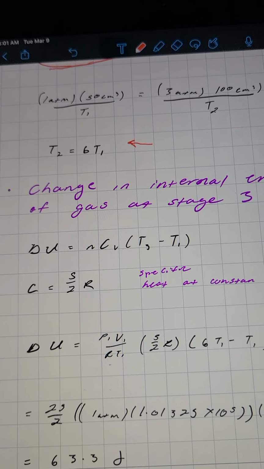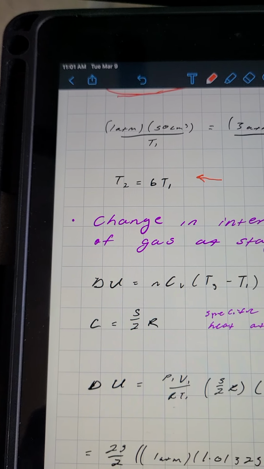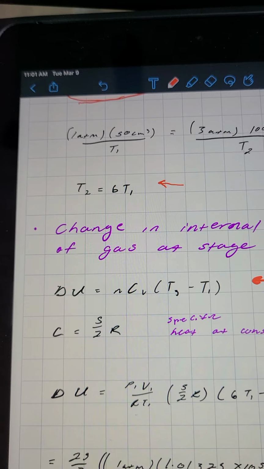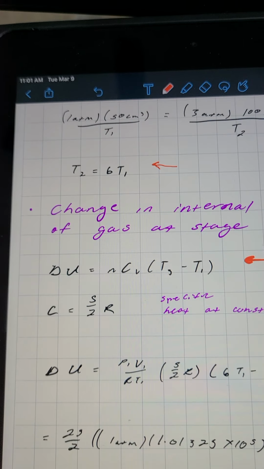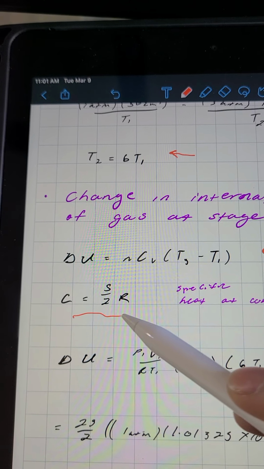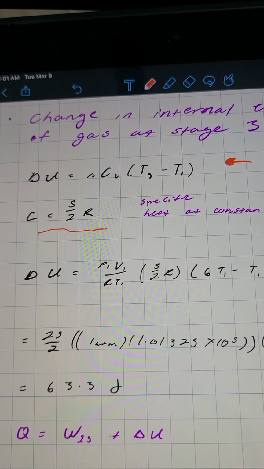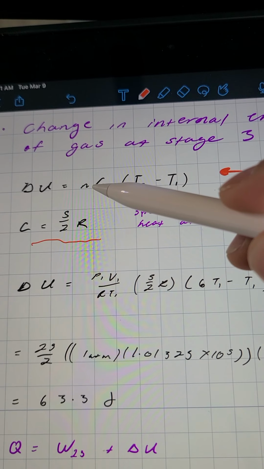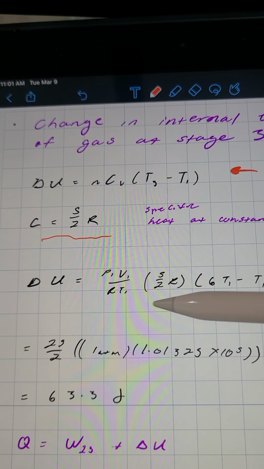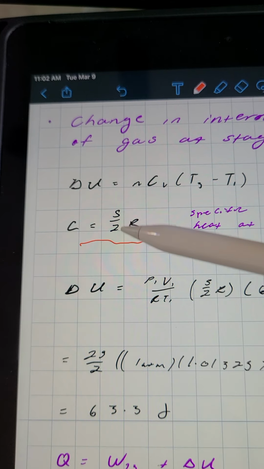Okay, so we're going to be using this equation to calculate that here, and then we know that the specific heat at constant volume is going to be this here, and we know this from lecture, right? So we know that n equals PV over RT, and we just figured out what C was.